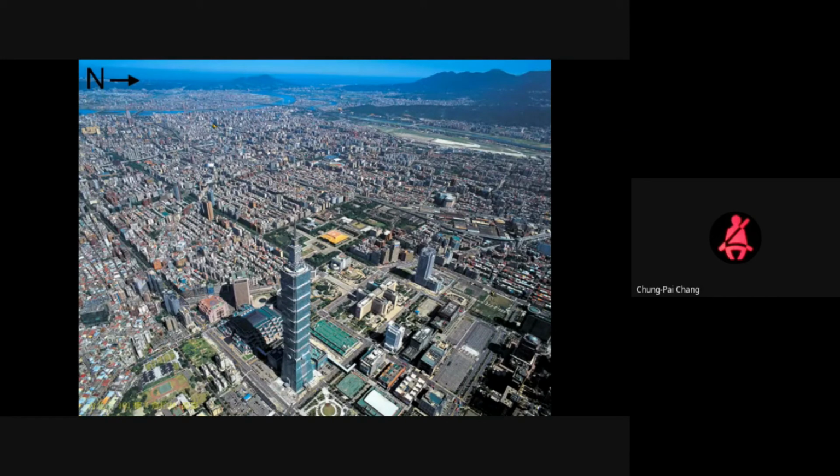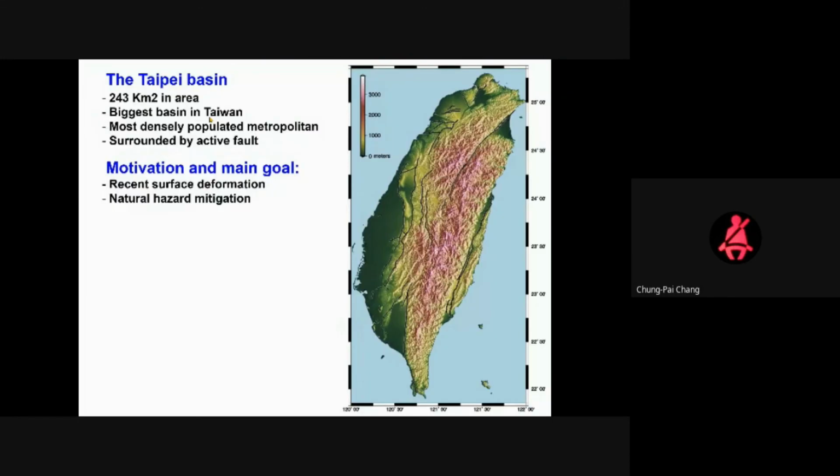Actually, it's the capital city of Taiwan. But here you can check the actual faults of Taiwan. Here, at the western boundary of the basin, some black lines show the important fault. It is very difficult to measure because it's ceased. It's not very active, but we believe that it was active.